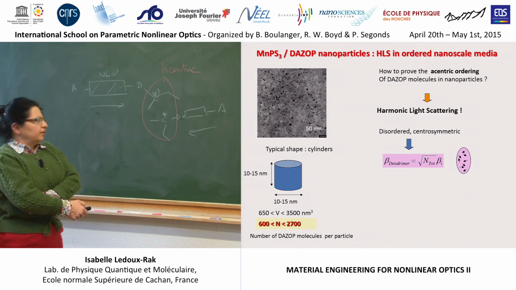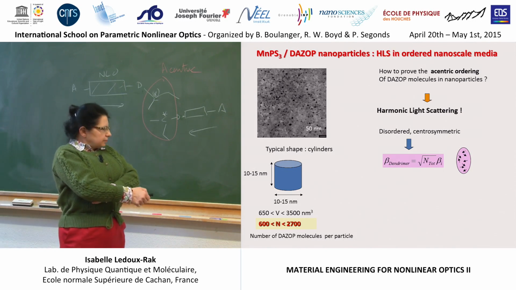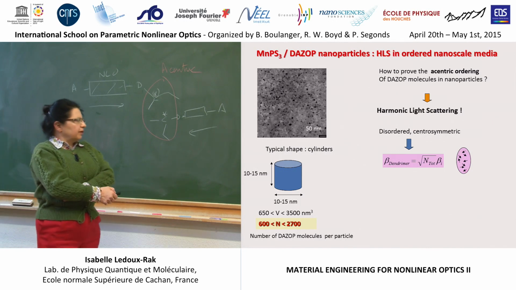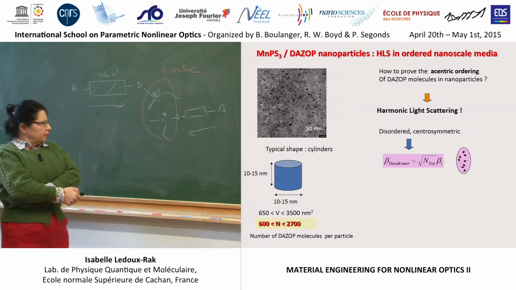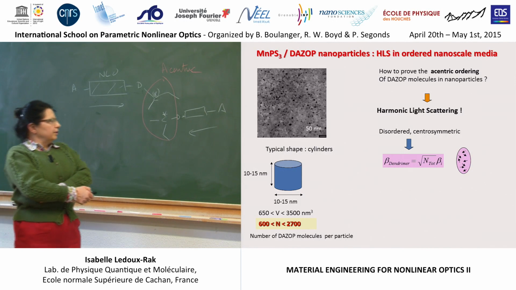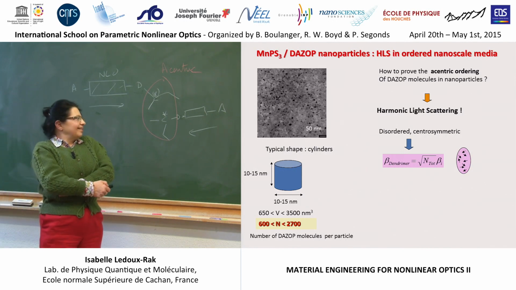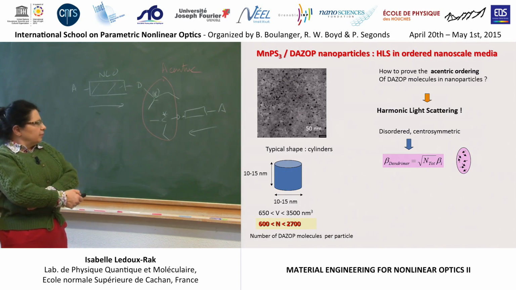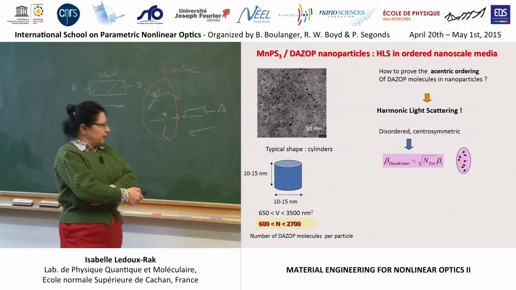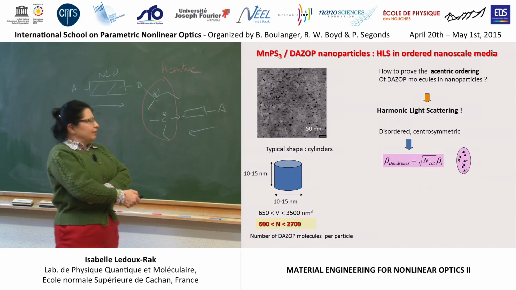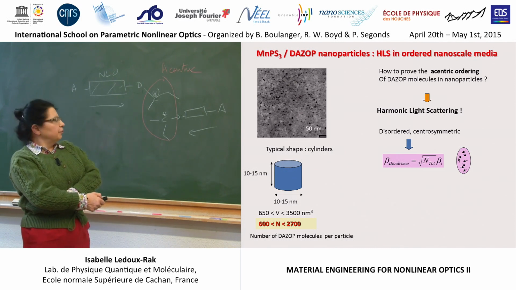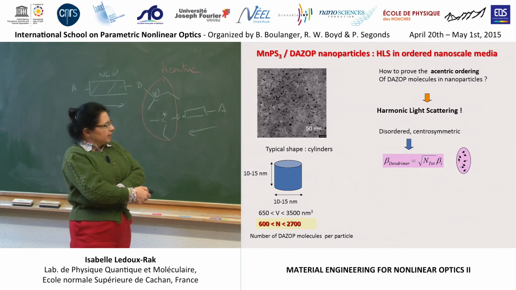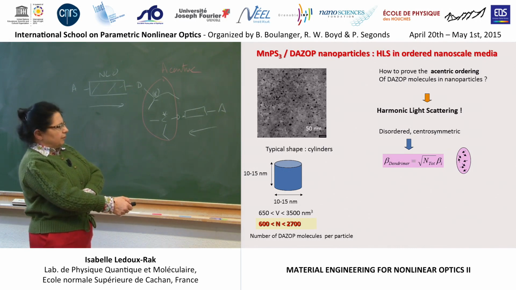So you can imagine that if you measure the nonlinear response of this object, if molecules are disordered, this object will be the same thing as the measurement cell on a macroscopic scale. It means that the signal from this object will be proportional to the number of molecules per volume unit. And because the signal is proportional to beta squared, then beta will be the square root of this.